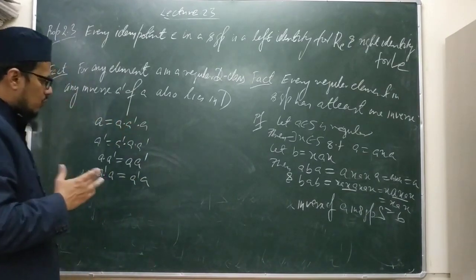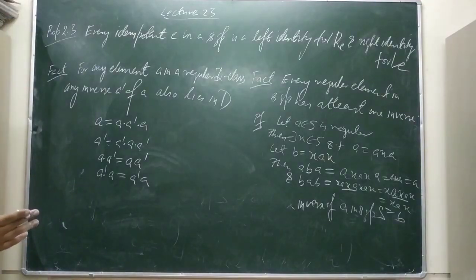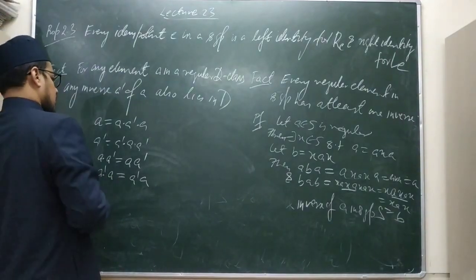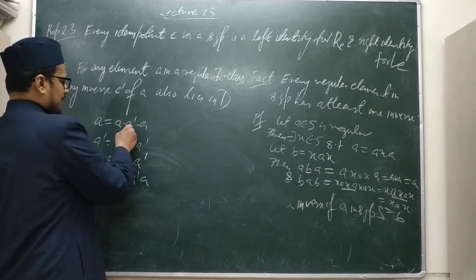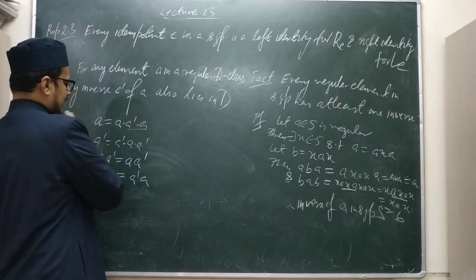So see, what are the implications from this? You can see that you are multiplying a dash a by left and you are getting a, correct?